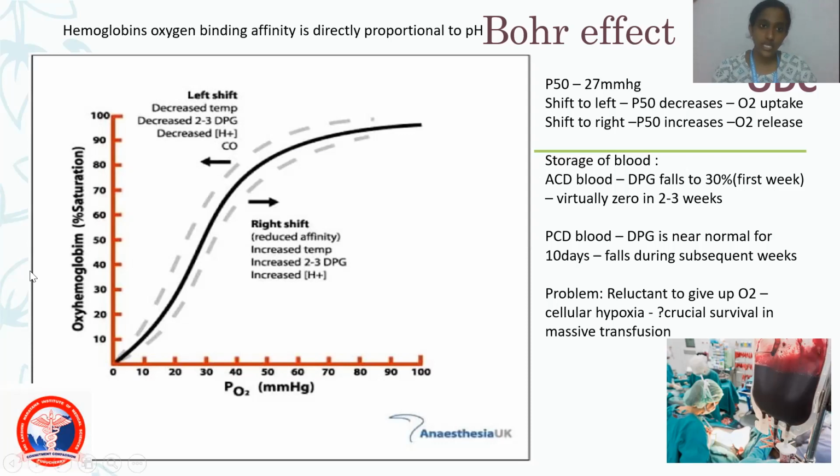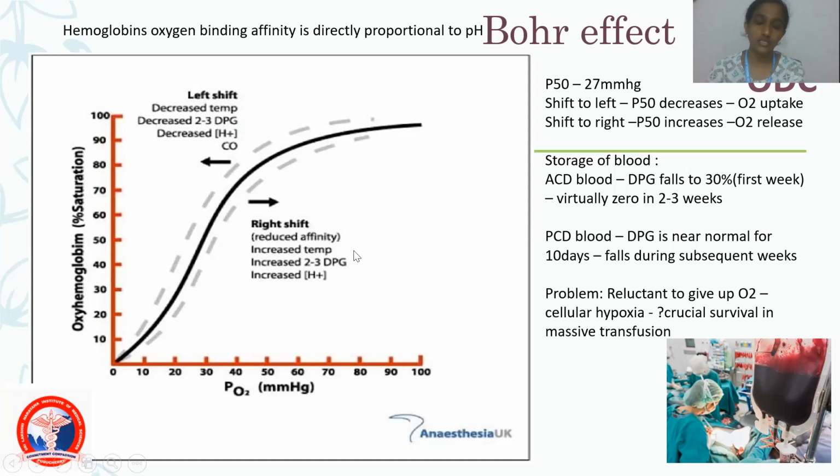So whenever we say there is a shift to the left in the ODC curve, it means the P50 is declining from the 27 value towards a decreased value. These are the examples of when a left shift can occur. Whenever there is hypothermia, alkalosis, or decreased 2,3 DPG, there is a leftward shift in the ODC curve.